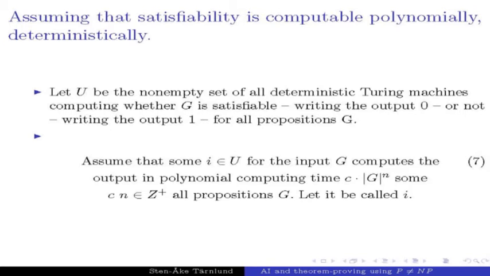That means we take the size of this formula, and it must be possible to express the time as a polynomial. So that's the measure of what this machine does. And we call this machine I. I'm not using this deterministic Turing machine in any other way. But that's the assumption about it. We are not sure that there exists such a machine. So we will see where the argument leads us.